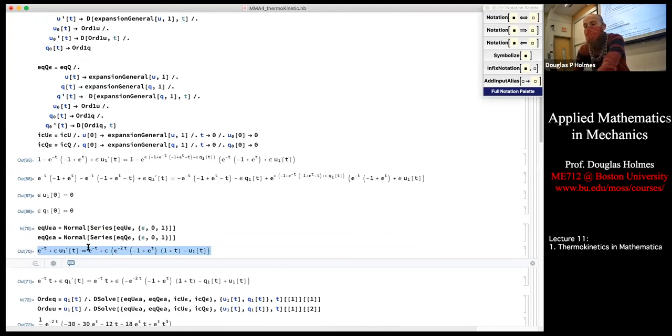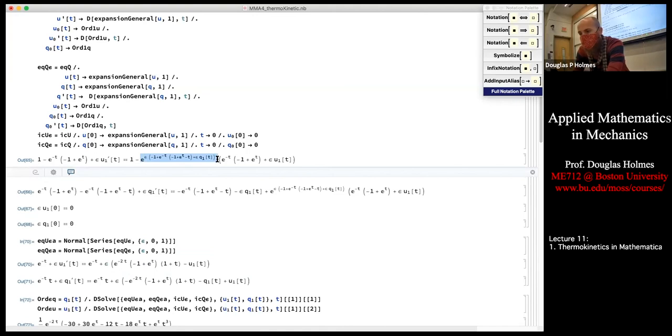Now you can see, maybe not very clearly, but maybe a little bit clearly, that the only way epsilon enters this equation is up to order 1. Whereas if I go back to my original equation, I have an epsilon here multiplying an epsilon here within an exponential.